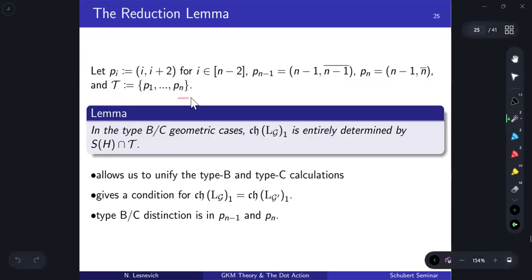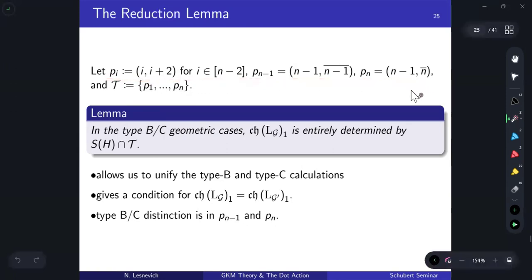If we take all of those collections together in the connected type BC geometric cases, so the sets of transpositions that we have spit out from a regular semisimple Hessenberg variety, the first graded character is entirely determined by which one of these transpositions is contained within the set of transpositions that we get out of our Hessenberg variety.